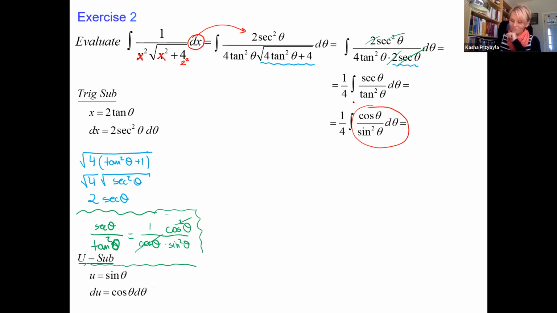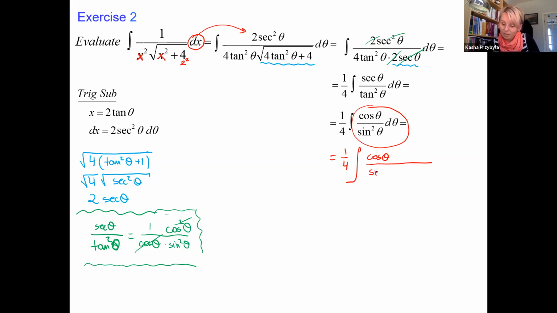I think I used the U substitution, but let's ignore my typing. I can show you both ways. That means cosine theta over sine theta, and one more sine theta.